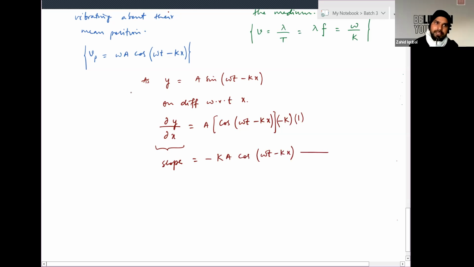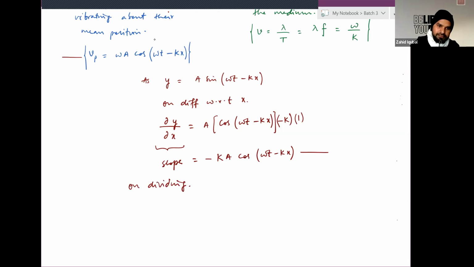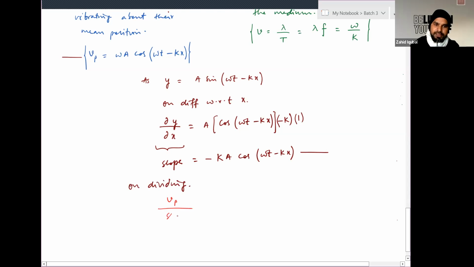Now we have two different parts: one is particle velocity and the other is slope. So if we divide these two terms, particle velocity divided by slope of the curve at that instant. Particle velocity we have omega times A cos (omega t minus kx).